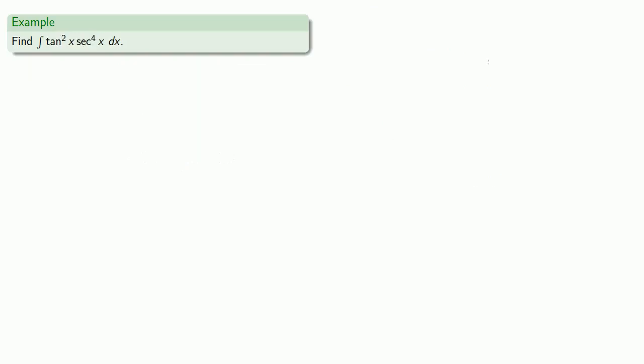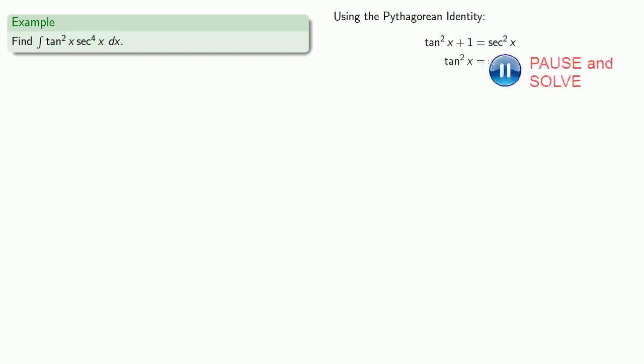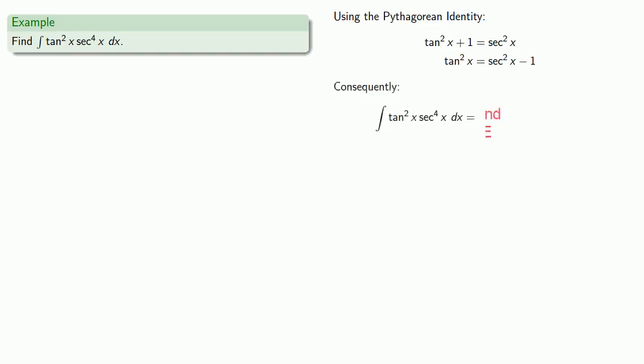How about the integral of tangent squared x secant to the fourth x dx? We'll use our Pythagorean identity, and what the heck, we can solve this for tangent squared of x. And so we can substitute that in, but it's not entirely clear what we should do at this point.